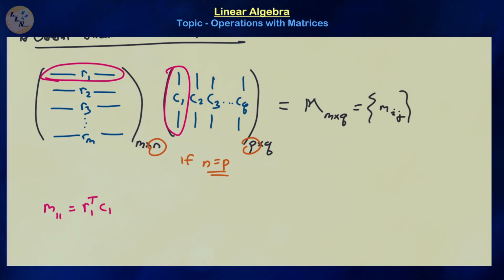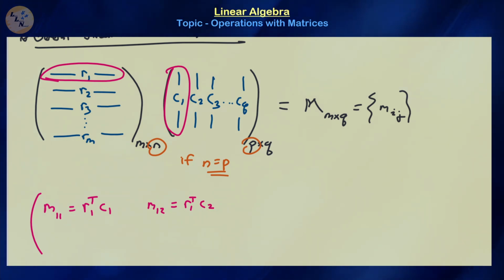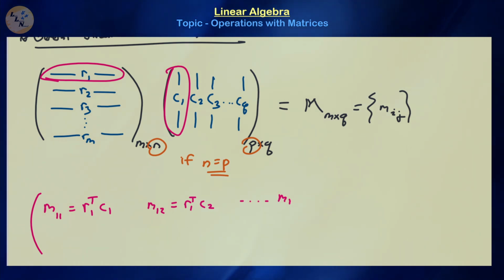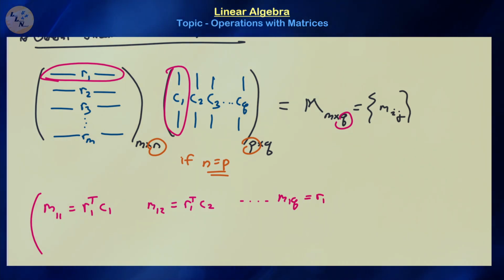M12 is going to be R1 transpose times column 2, and I'm going to do that all the way to M1q, which is equal to R1 transpose times column q, the dot product of those two things.